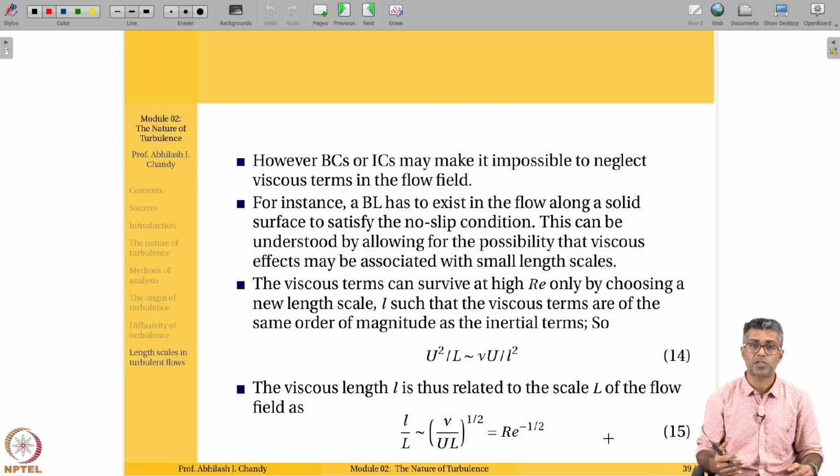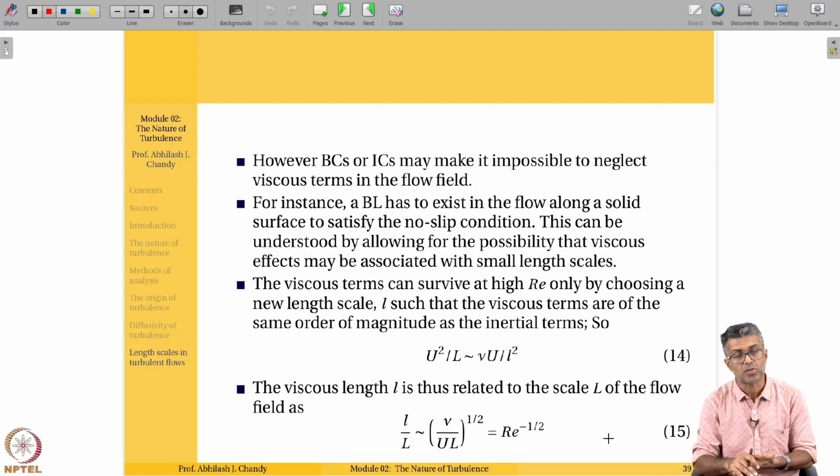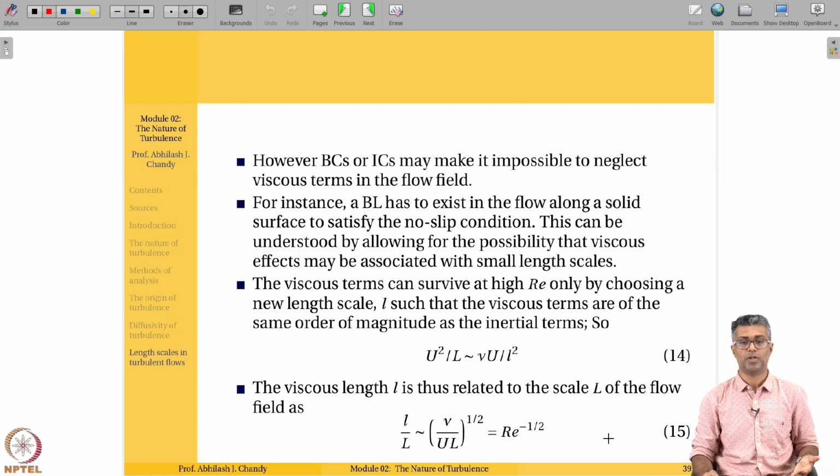If you neglect the viscous effects, then that doesn't exist, meaning the velocity is non-zero at the plate, which is not possible. If the velocity was non-zero on the surface of the plate, you wouldn't have a boundary layer. So neglecting the viscous effects means we are neglecting the no slip condition, which is just not possible.